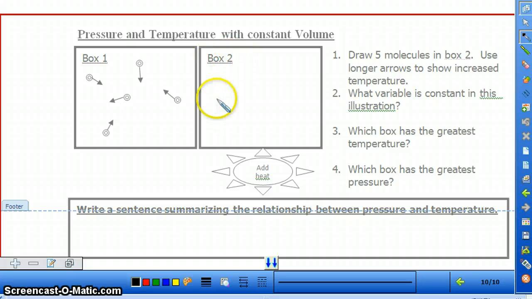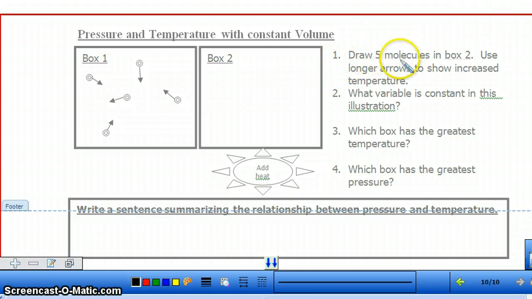We're going to move on here to pressure and temperature with constant volume. We follow the directions. Step 1 says draw 5 molecules in box 2. And you'll see here that the volume is constant. That's why our boxes are the same size. And step 2 says what variable is constant in this illustration.